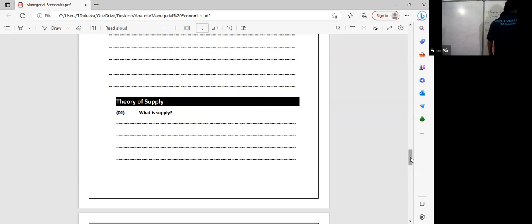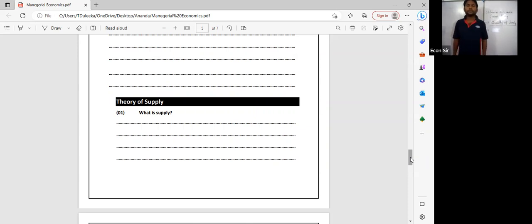Supply also is determined at different prices. Supply is also not at a specific price. We have already given an introduction regarding demand.